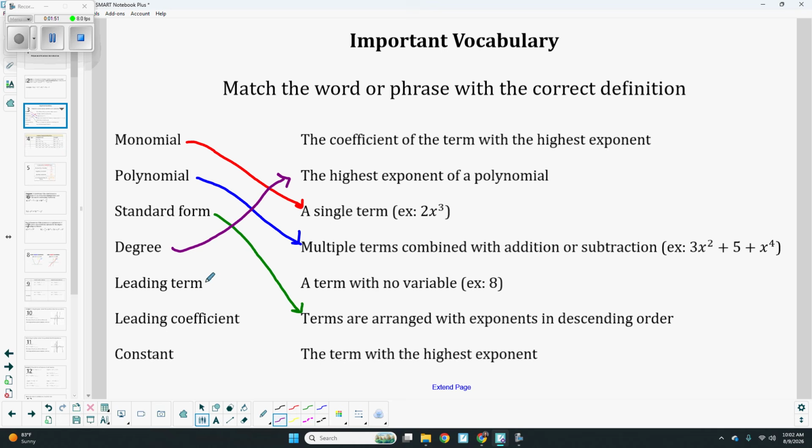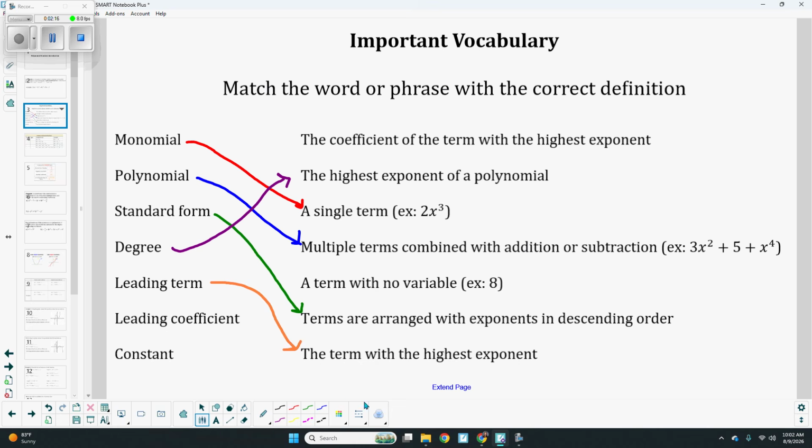The leading term. So the leading term is the term with the highest exponent. When it's written in standard form, it's the term that's in front. It's the line leader, because when it's written in standard form, the highest power goes first.